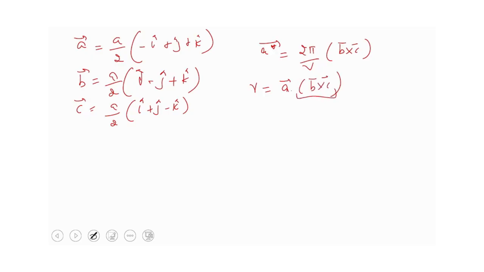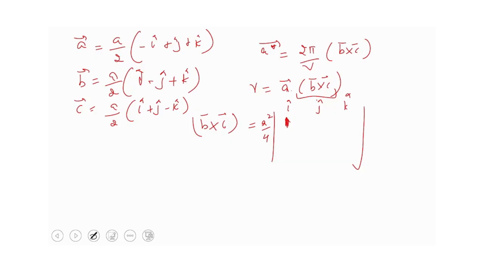So our first task is to calculate V, and for that we have to calculate B cross C, that is the vector multiplication of vector B with C, and we'll do it by the determinant method. I'm writing a square by 4 outside so that it will be simplified.